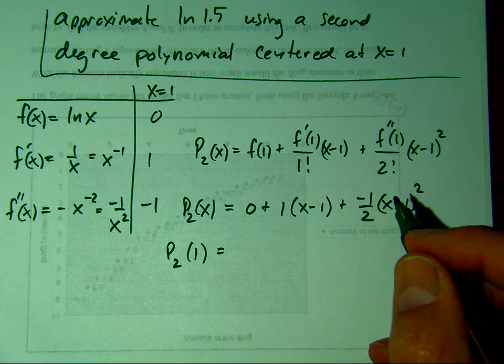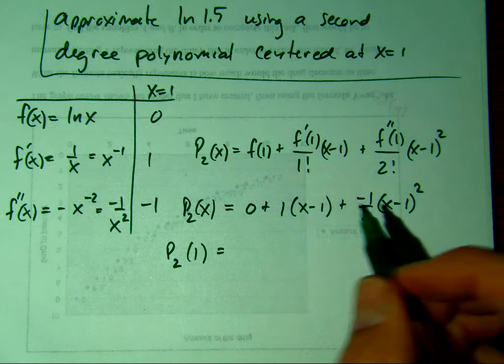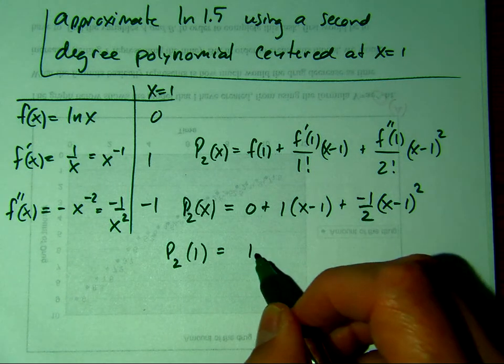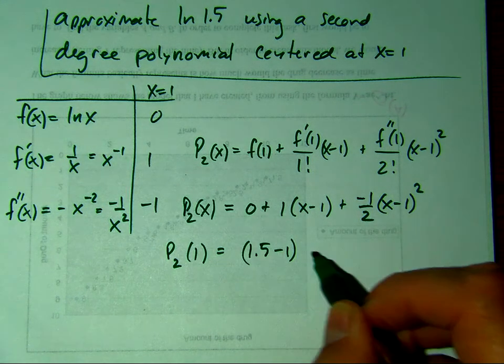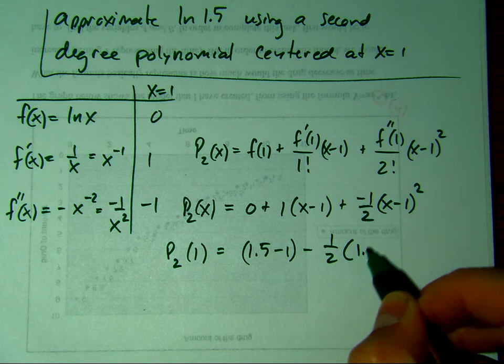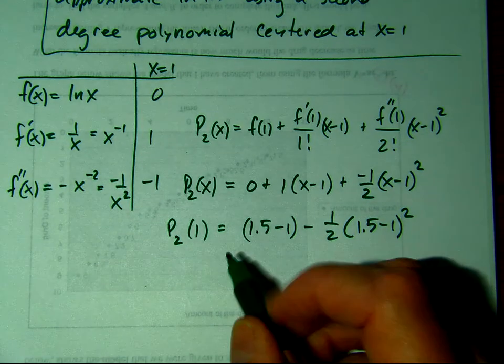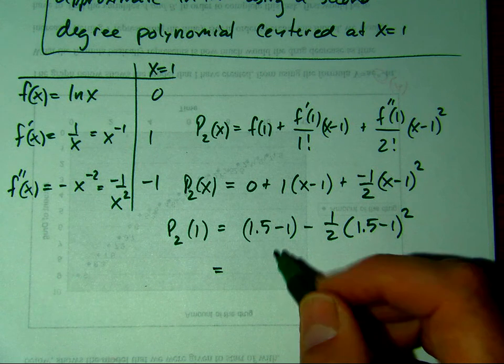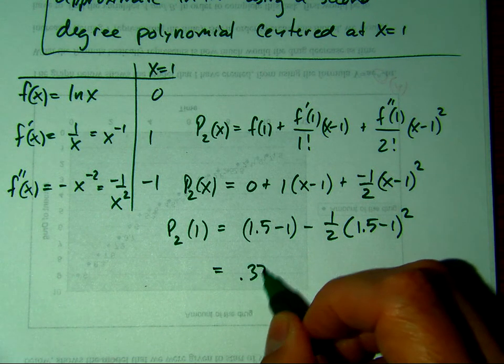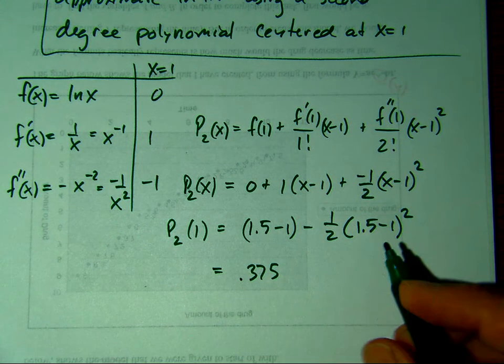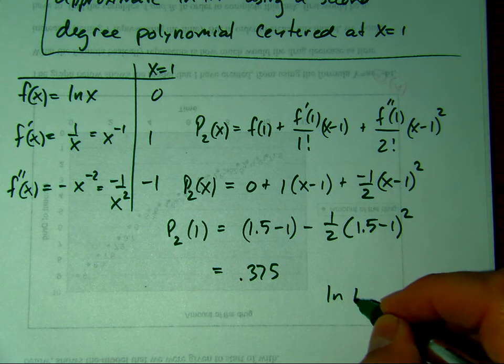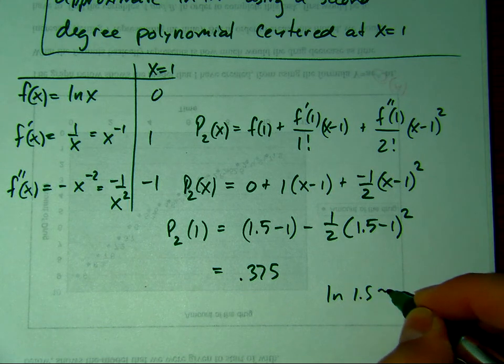No, we evaluate it at 1.5. So put a 1.5 there, and we get 0.375. On the calculator, natural log of 1.5 is about 0.4055.